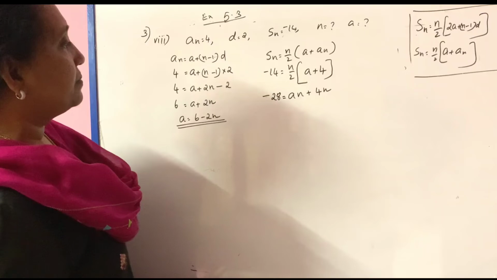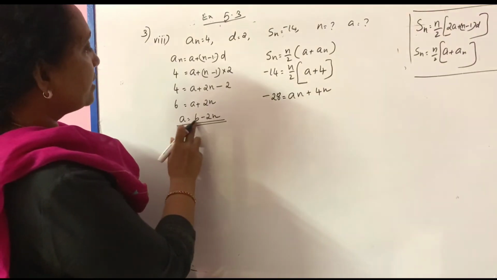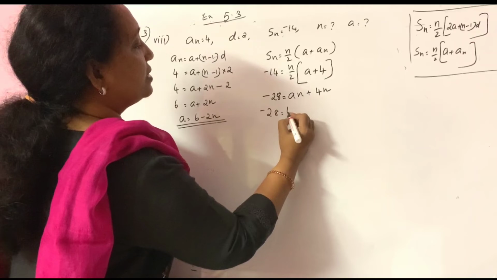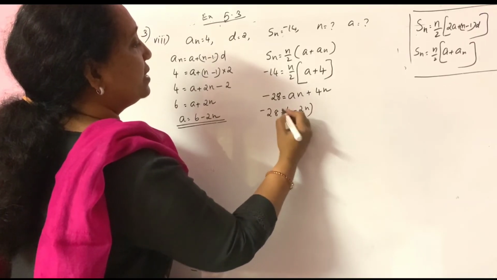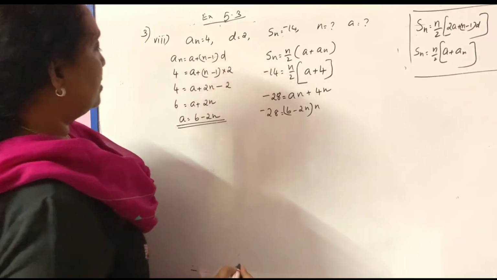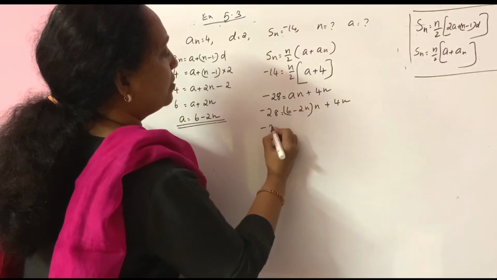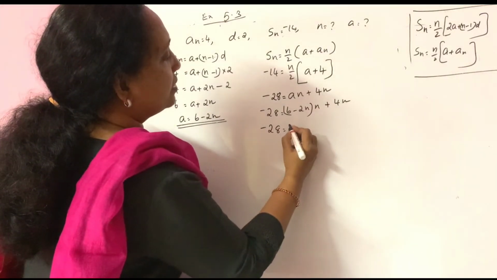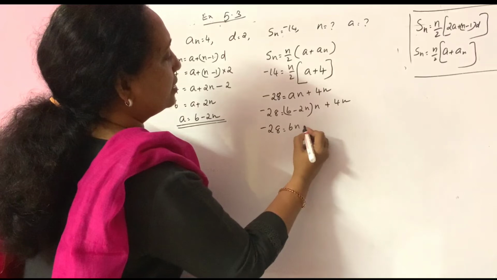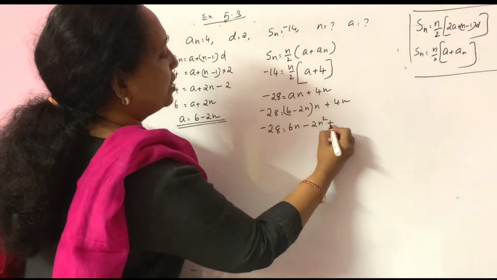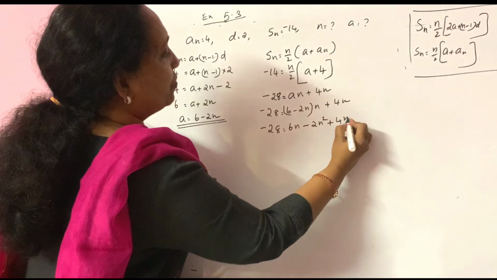This is what we get. But we know a is equal to 6 minus 2n. So minus 28 is equal to 6 minus 2n into n plus 4n. Let us see what we get on working it out. Minus 28 is equal to 6n minus 2n square plus 4n.